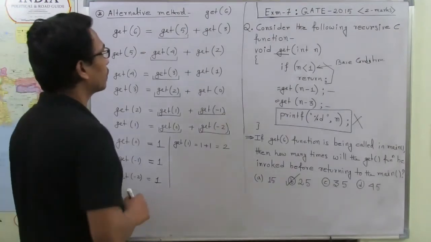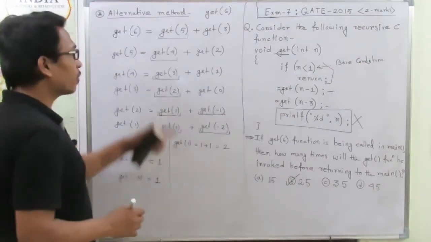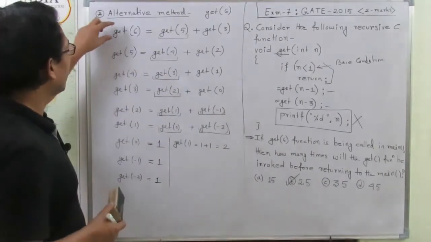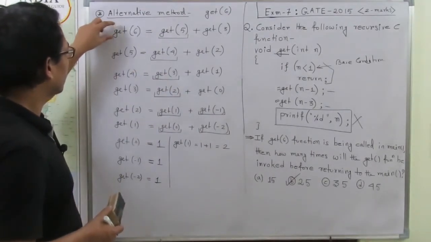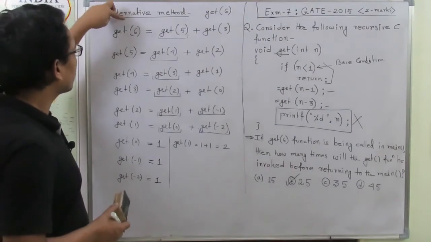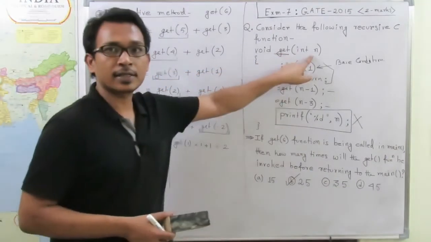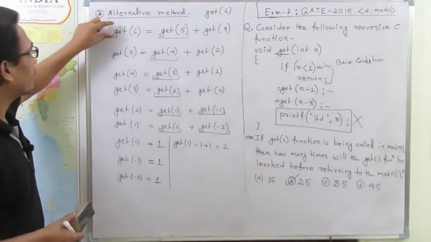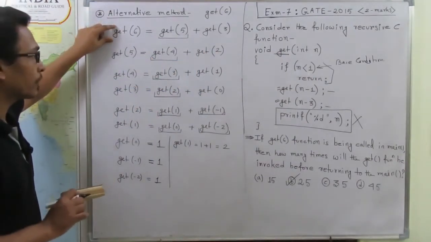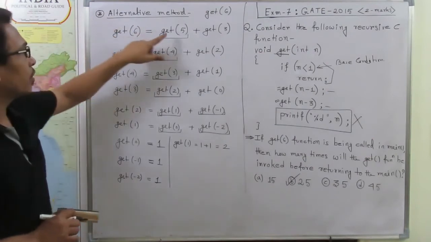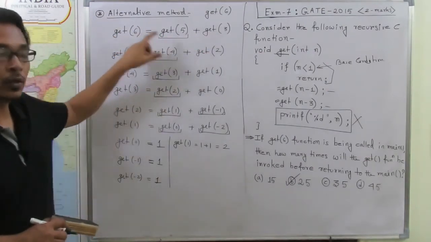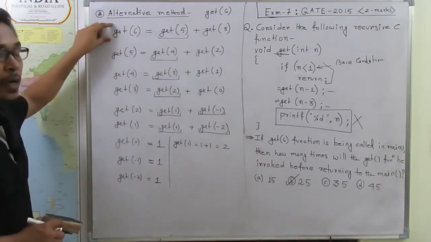I have to include one more thing. Look, when we call the get function with parameter 6, at that time this get function is already invoked. That means within this get function we also have these two get functions, so we also need to count this particular get function.